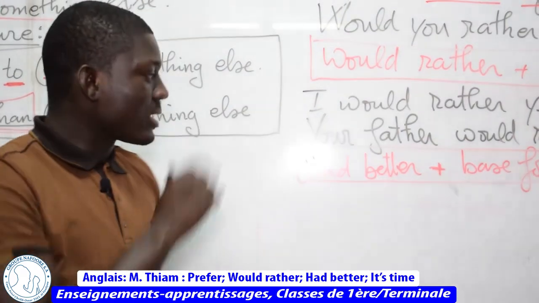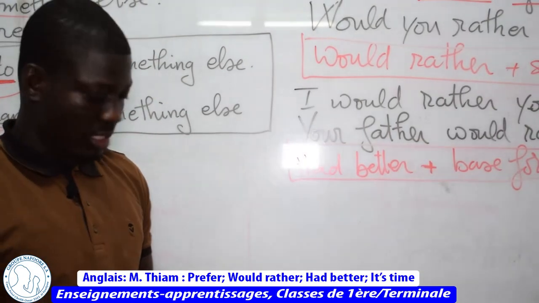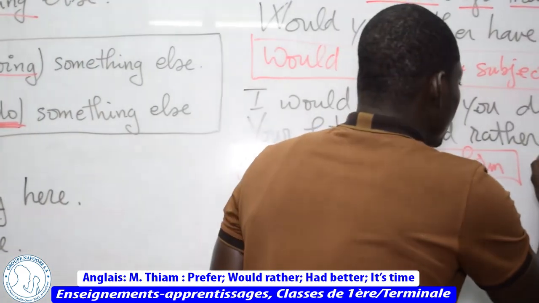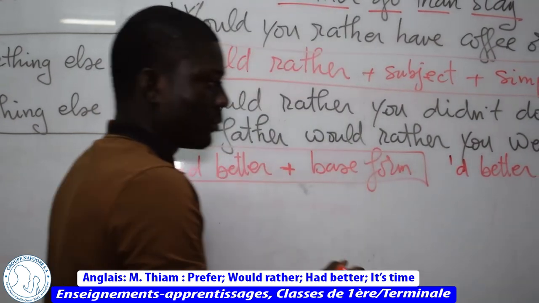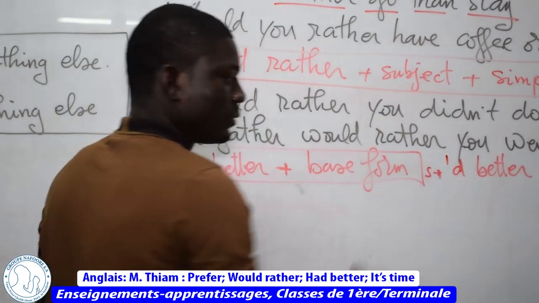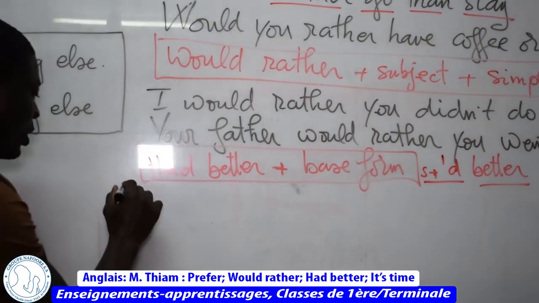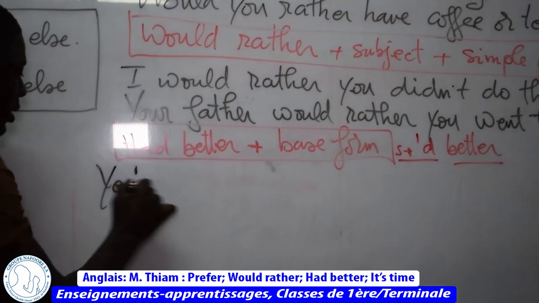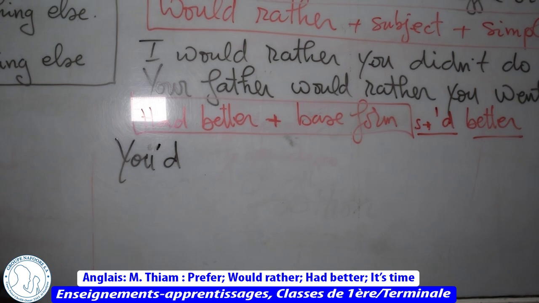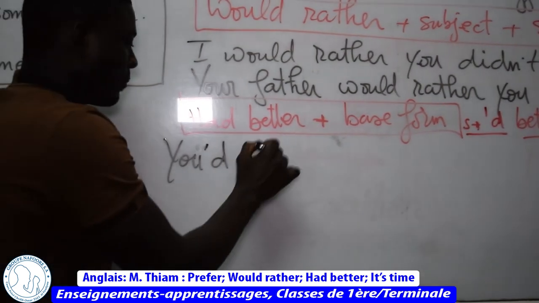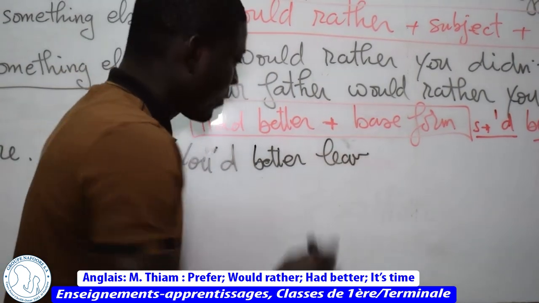Understand? And there is something else you need to bear in mind. It's the use of "had better". It is always used in the short form, with the subject and then the contraction. For example, instead of writing the complete form, you will say, "You'd better leave now."